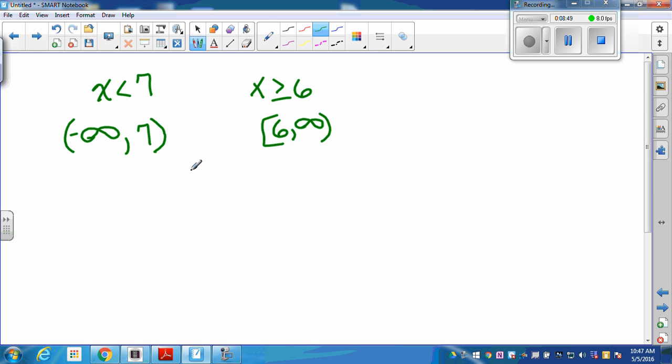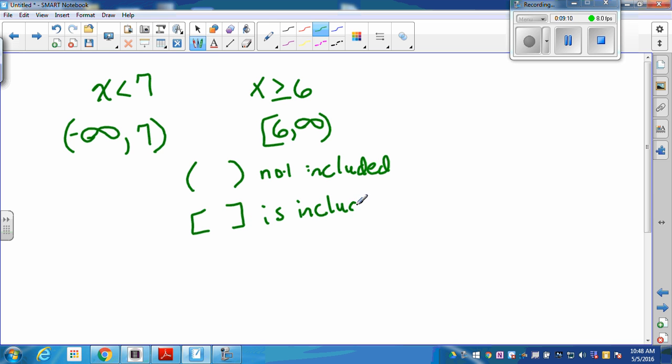So here's how it breaks down. If you use parentheses, that simply says the solutions are not included. If you use the square brackets, the solution is included. The comma means through.